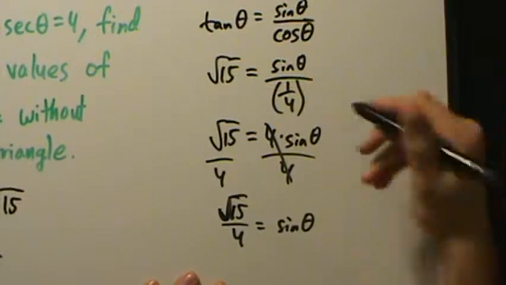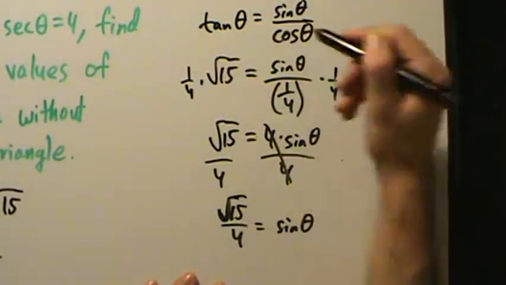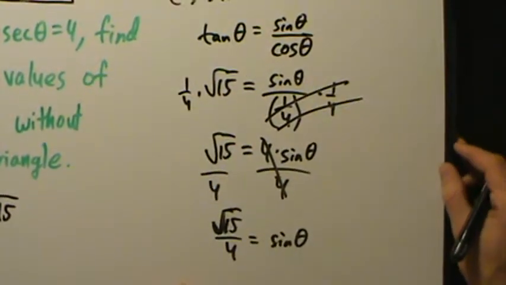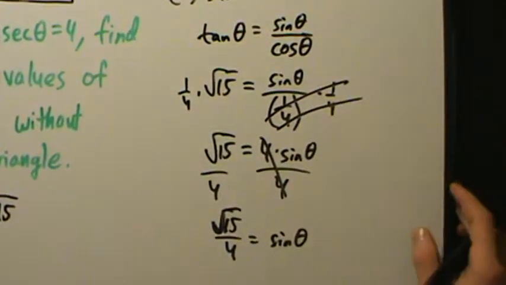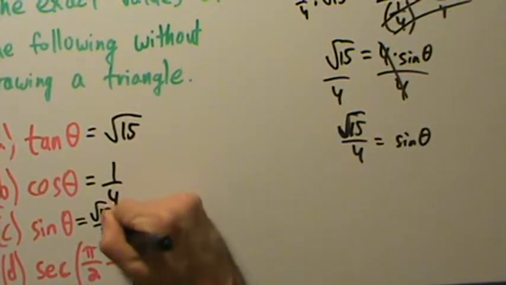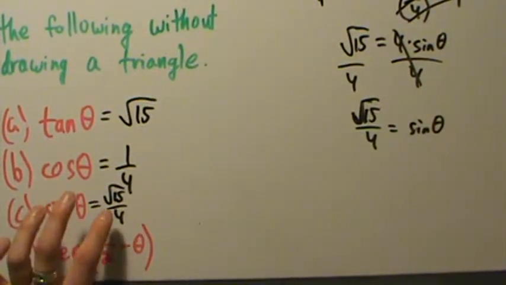So yeah, if you wanted to, you could have just multiplied both sides by 1/4. Nothing wrong with that, totally fine. Maybe I just should have done that instead. But anyway, either way, you'll get root 15 over 4 for sine of theta. So this is root 15 over 4. Okay. So cosine of theta is 1/4, sine of theta is square root of 15 over 4.